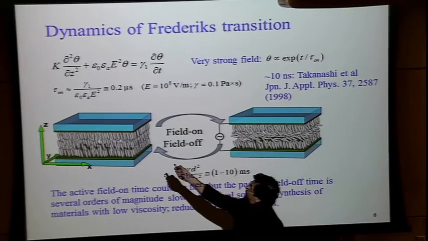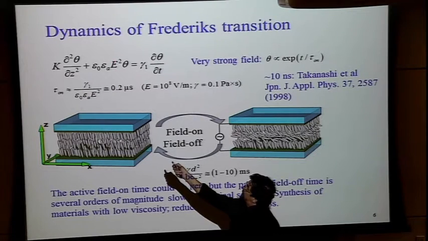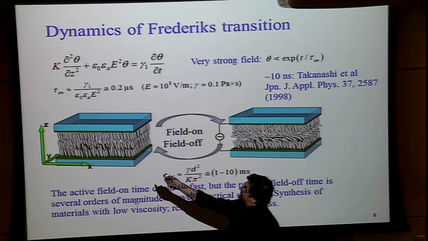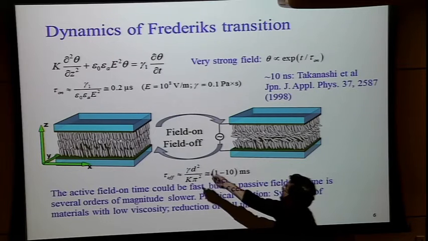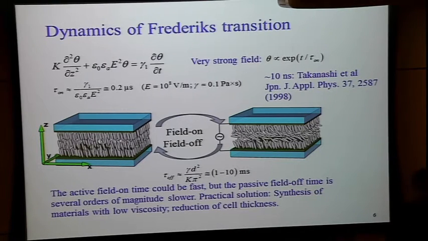If you apply a very strong electric field, this term is much higher than this term. This can be neglected, and you have a very simple equation that any experimentalist can solve. It will be an exponential thing with characteristic time defined by the ratio of gamma and electric field squared, with an obvious coefficient that depends on delta epsilon.